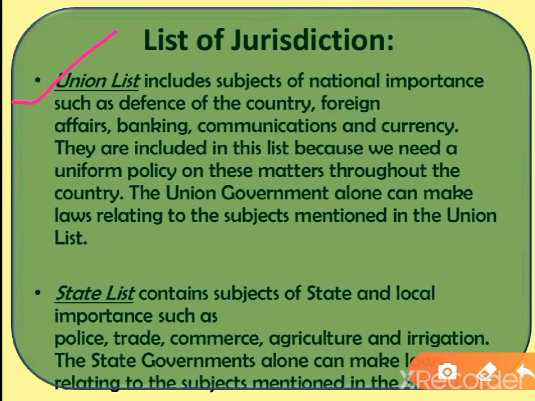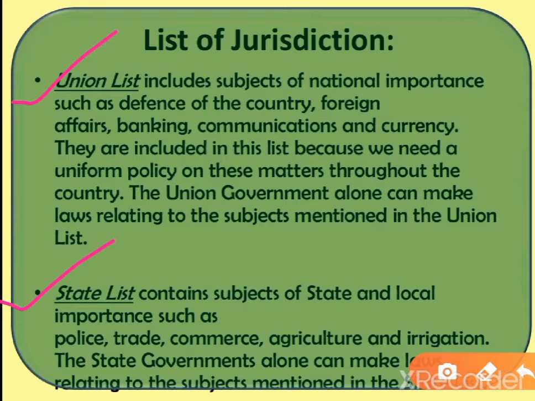The Union List is also known as the Central List, which is governed by the Union government, and it has 97 subjects. The Union government can make laws relating to the subjects mentioned in the Union List.